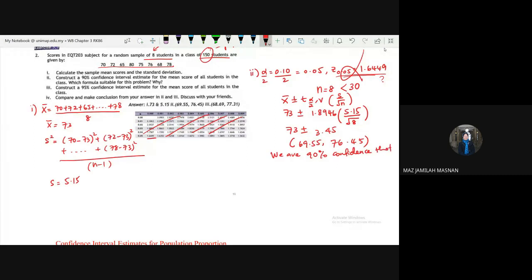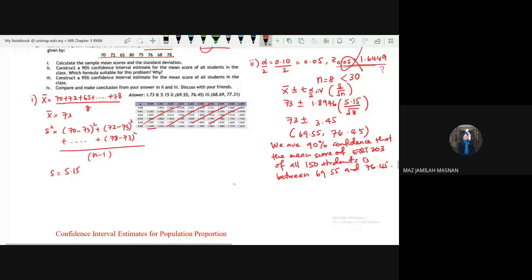So we can conclude that we are 90% confident that the mean score of EQT 203 of all 150 students is between 69.55 and 76.45, no unit, because it's a score.